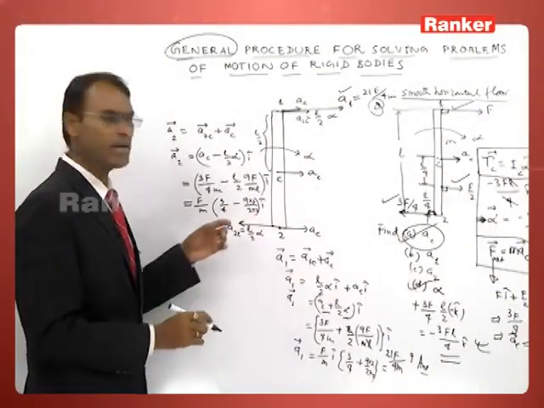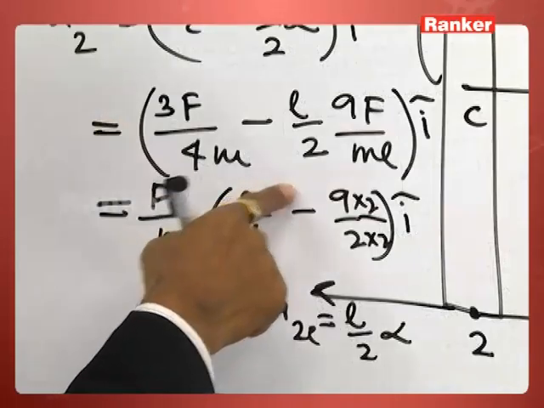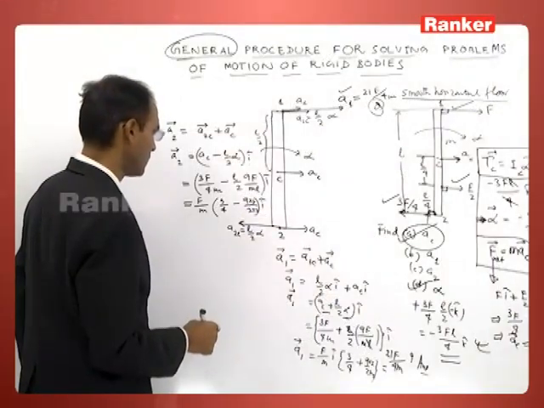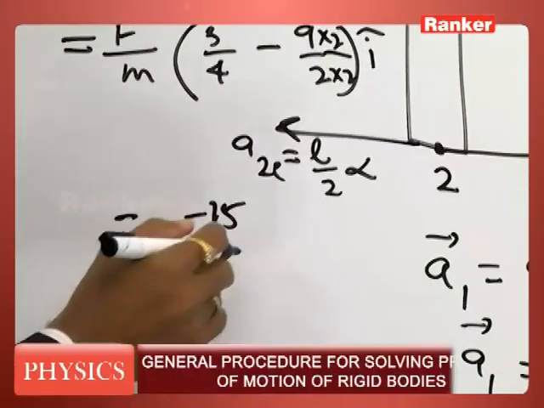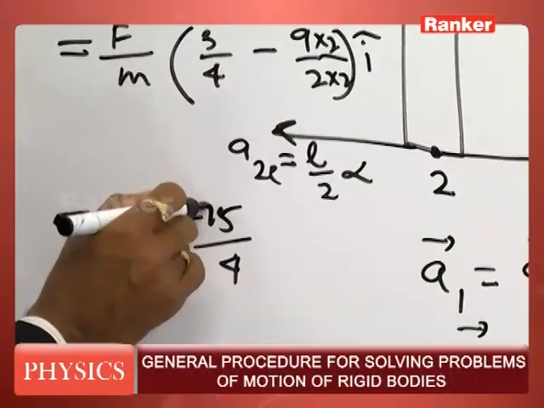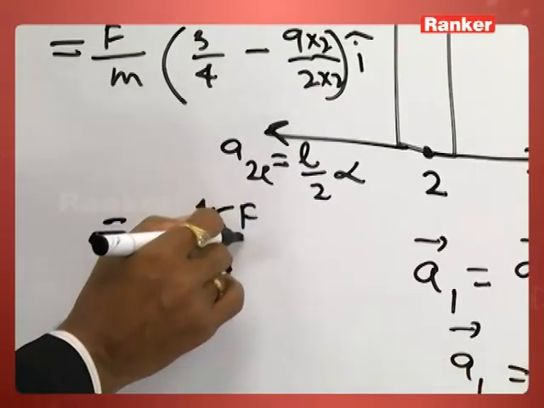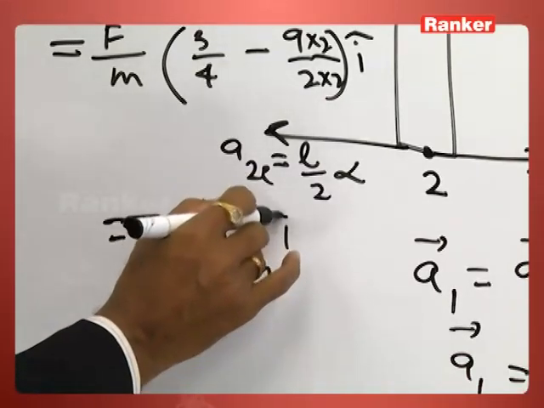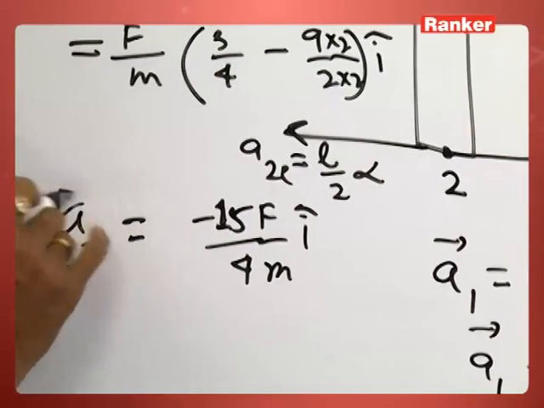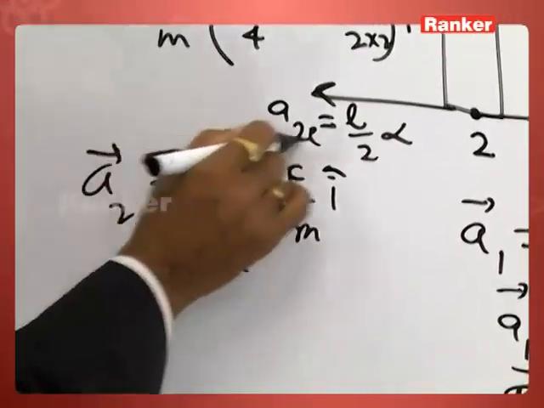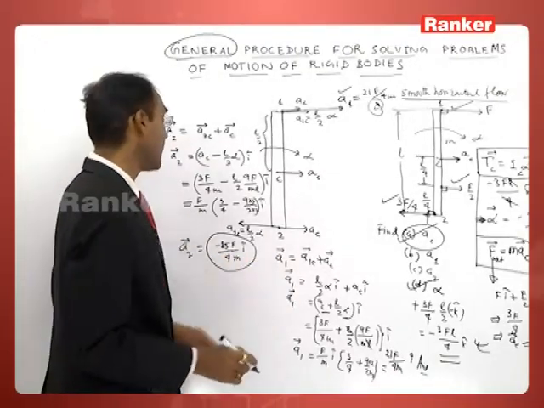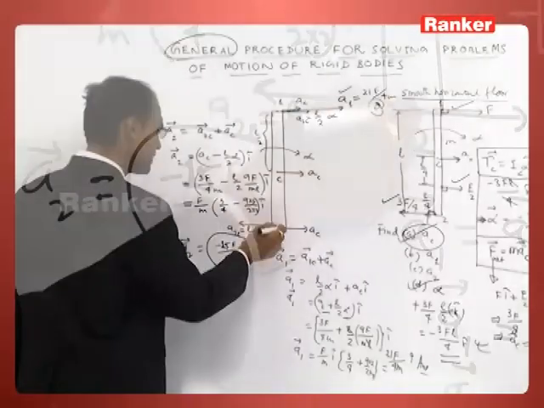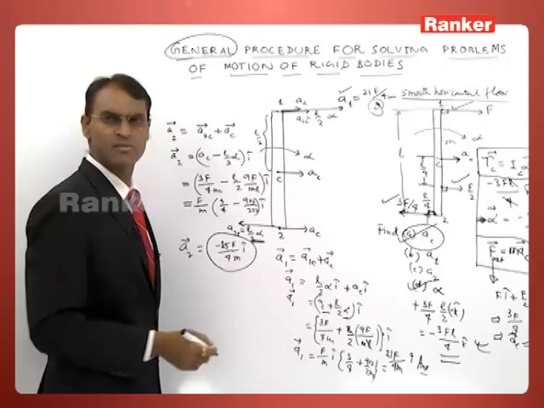Same technique you have to apply. So 3 minus 18, this will be minus 15 by 4 F by m i cap. This negative sign or minus i cap signifies that this vector, acceleration of 2 with respect to center of mass, is greater than the acceleration of the center of mass.